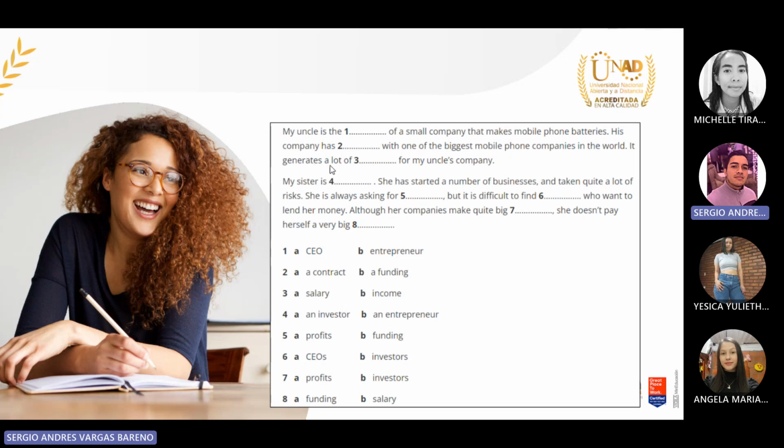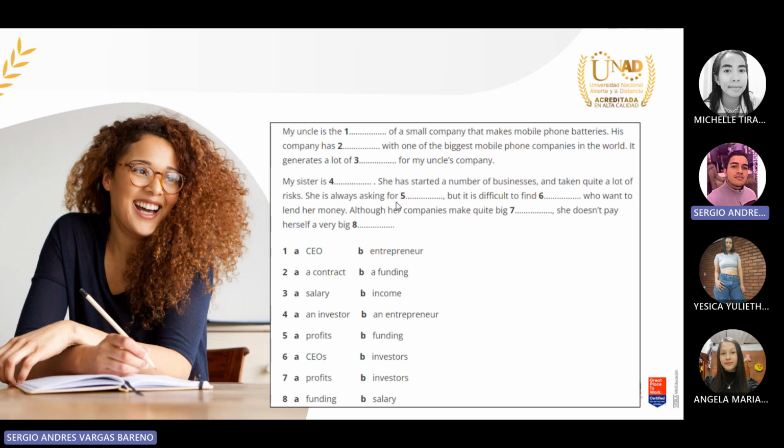It generates a lot of blank for my uncle's company. My sister is blank. She has started a number of businesses and taken quite a lot of risks.